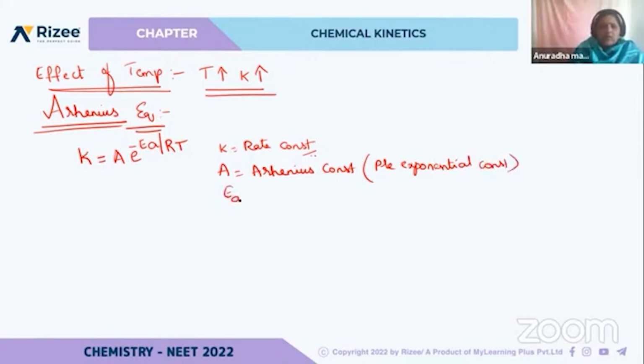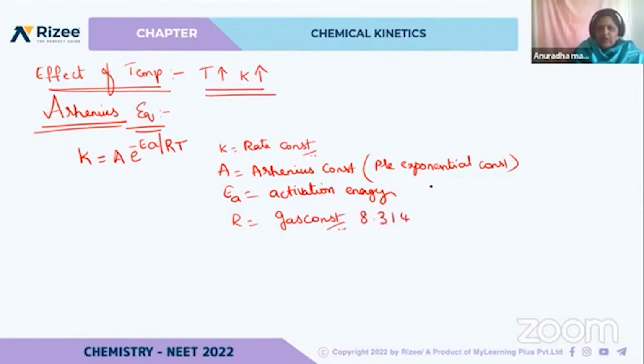And EA is the activation energy, which we studied just now. R is the gas constant. What is the value of R? 8.314 joules per mole per Kelvin.